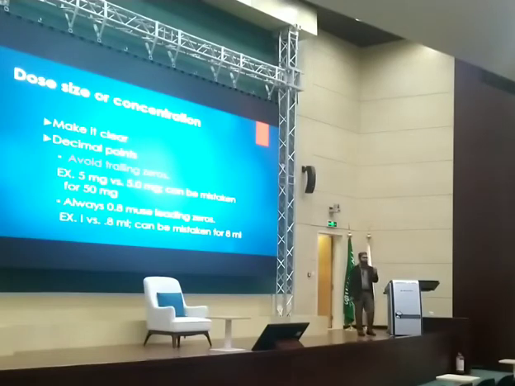So if you are using a decimal at the start of the number, you should put 0 point something, not just .8 or .6 or .5. And you don't have to use a decimal after it if no concentration is required. Like 5 milligram, you don't have to write 5.0, because it's going to create mistakes and errors. So try to avoid these errors and make it very simple and clear to the patient, the pharmacist, and the rest of the healthcare provider team.